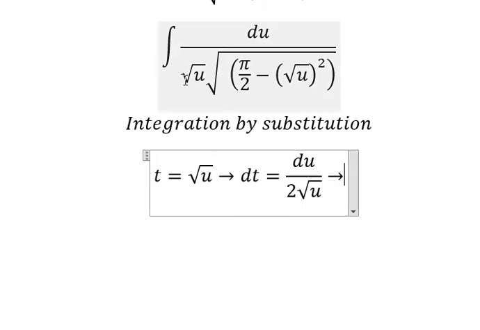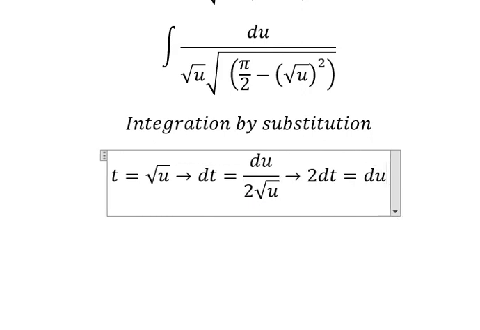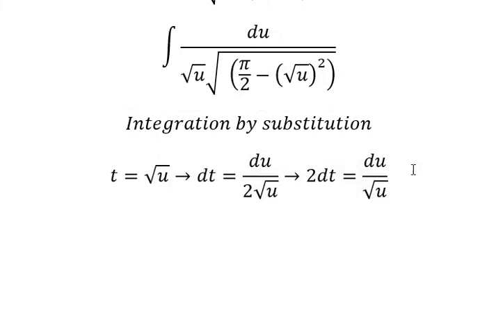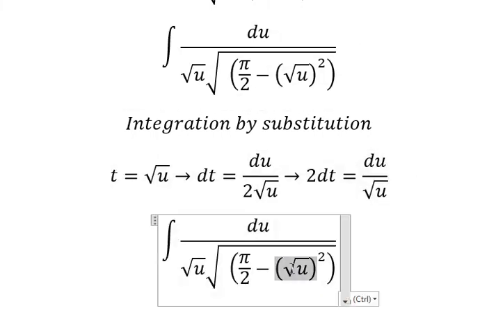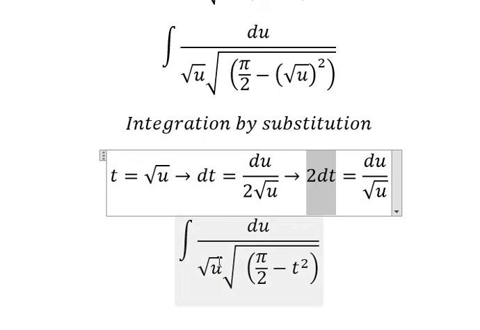Because we don't have the number 2, we need to put the number 2 on the left. So this one we change by t. The du over the square root of u we change by 2 dt.